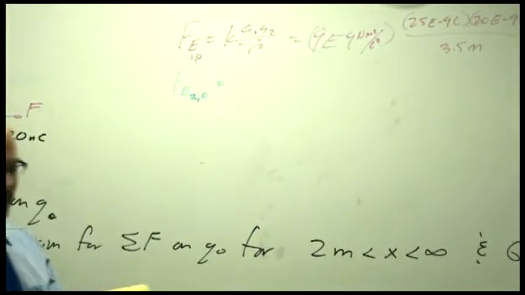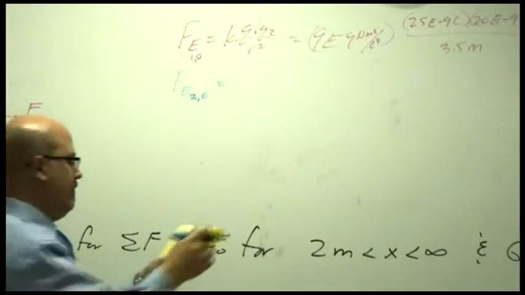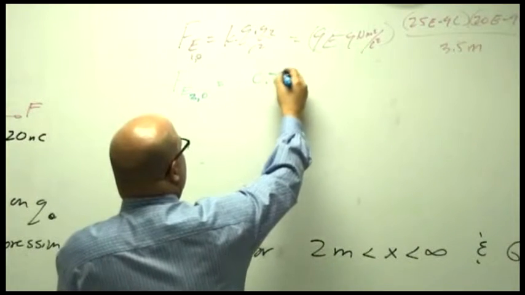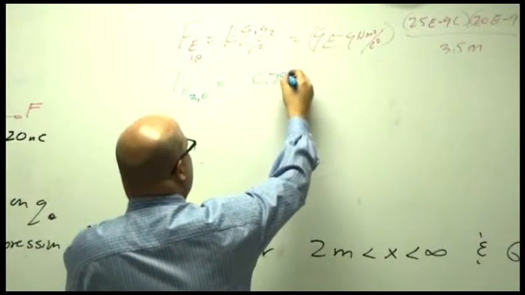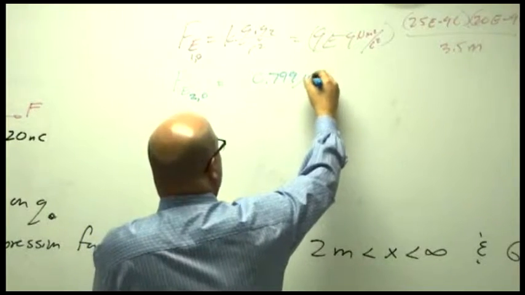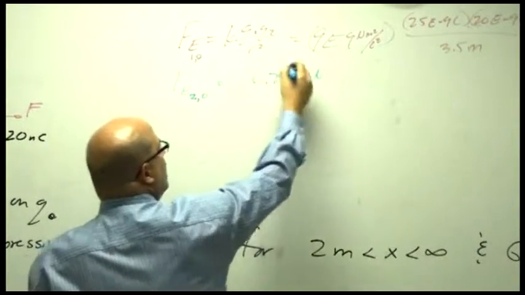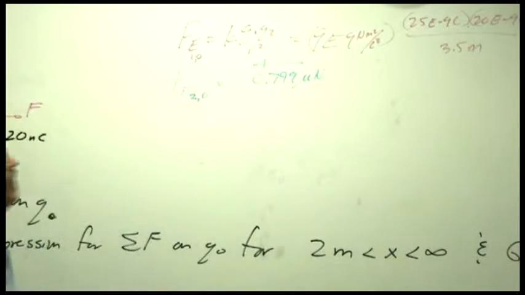Now, just give me the answer. Negative 8 e negative 7. 0.799 micronewtons again, right? And that's in that direction, so our net force is going to be to the left.